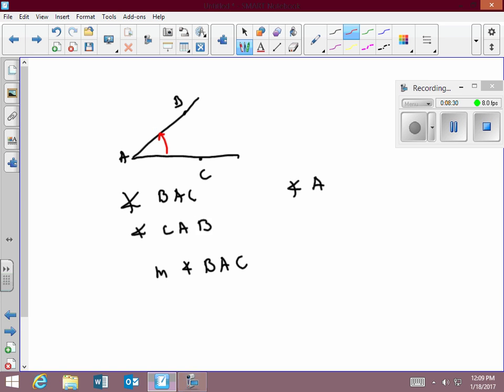Now, usually when you measure, if you have a protractor, it's going to measure the angle positive going that way. When you do azimuths, azimuth is going to measure this direction on the angle. So, there are 2 different ways of measuring an angle.